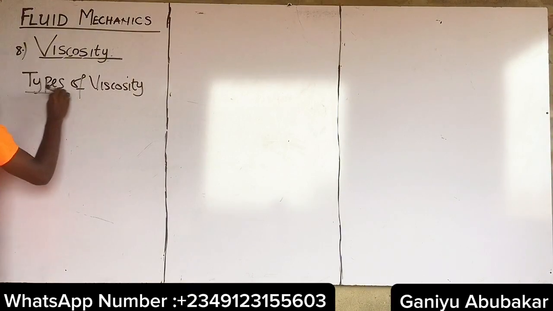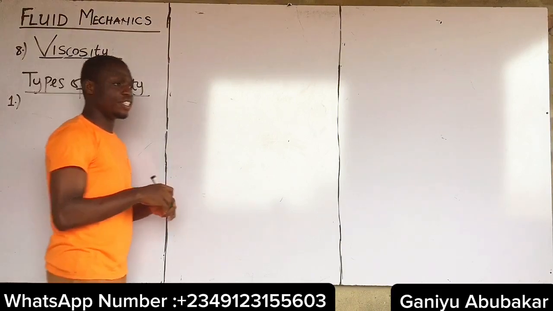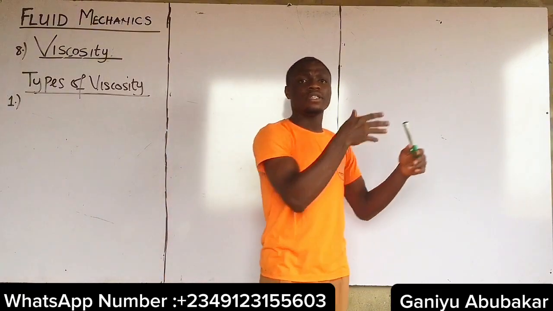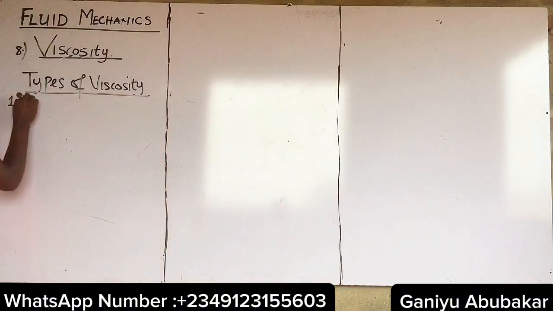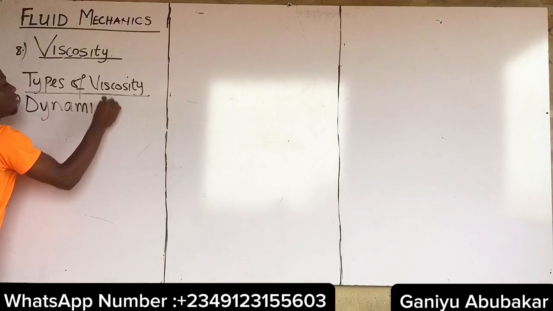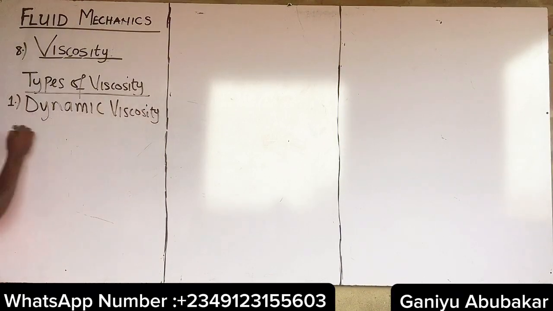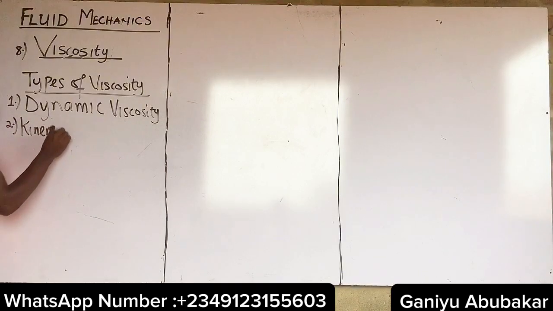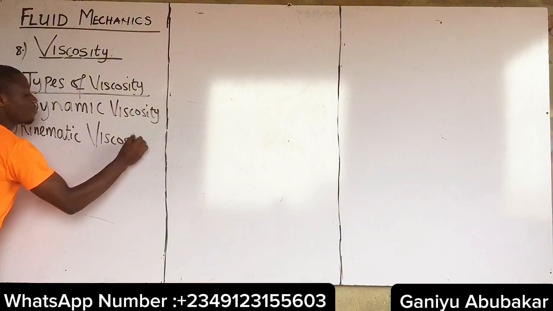Types of viscosity. Number one, we said there are two types of viscosity, known as dynamic viscosity and kinematic viscosity. Number one, we have dynamic viscosity, and number two, we have kinematic viscosity.